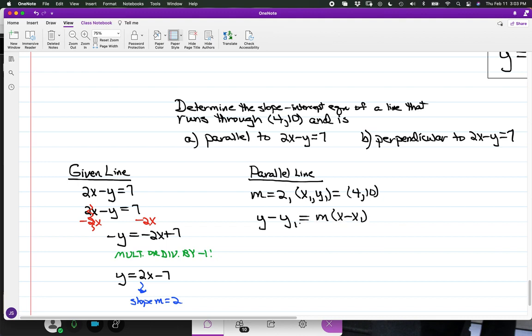So you got y minus 10 is equal to the slope m, which is 2, times the quantity of x minus 4. Upon distributing, y minus 10 is equal to 2x minus 8.